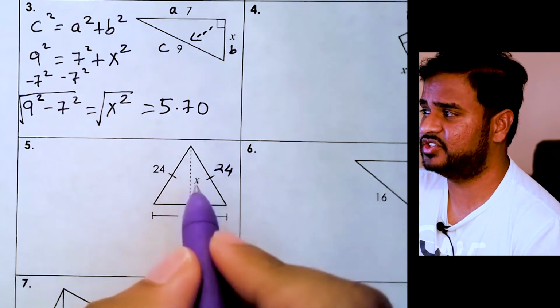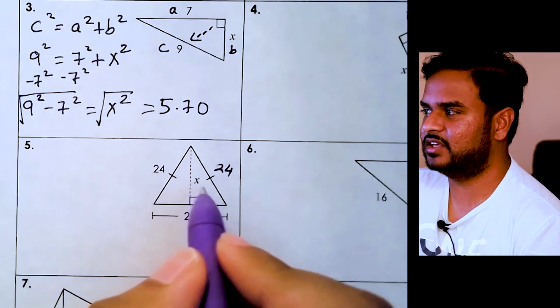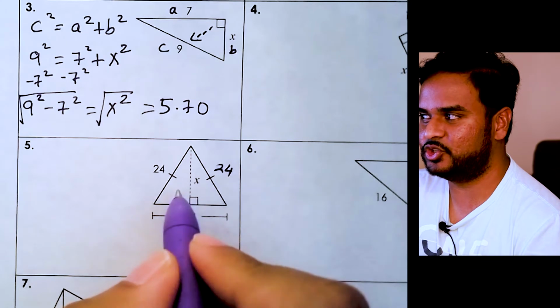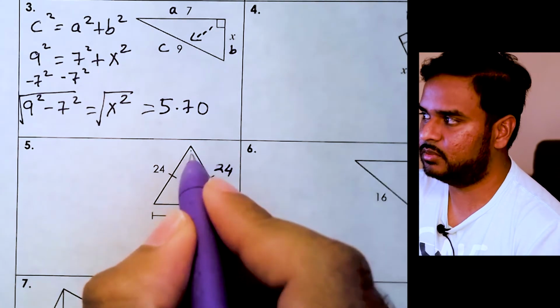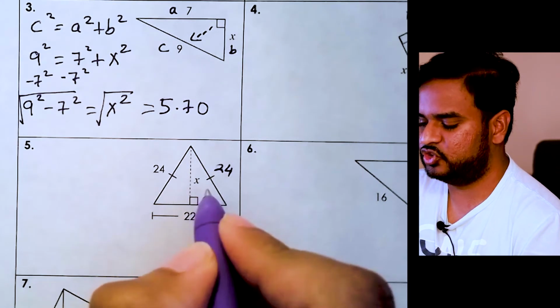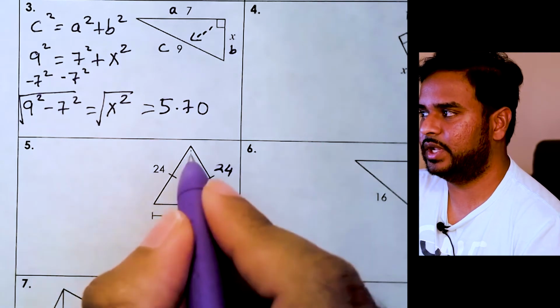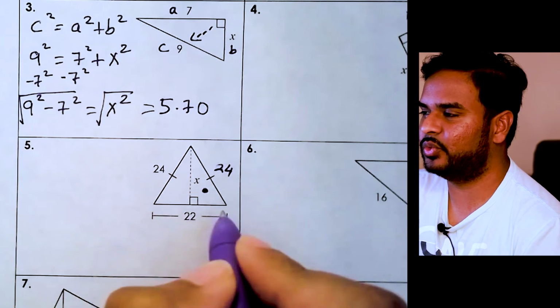So if I find, let's see, they're just asking me for X. So if I find the X on one of these smaller triangles, then it's the same X for the other triangle also. So what I can do is I can isolate my calculations to just say, let's say, the one on the right. So I need to find x, which is one of my legs, and the entire bottom is 22.